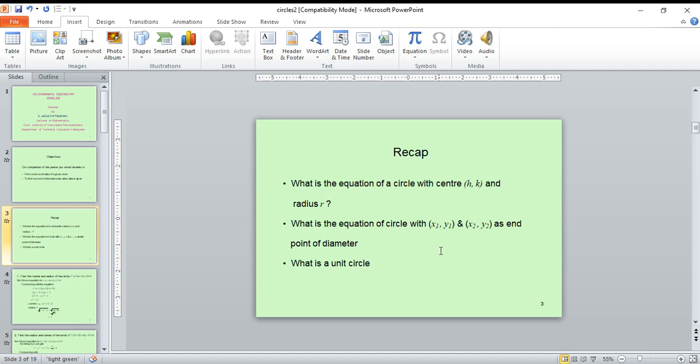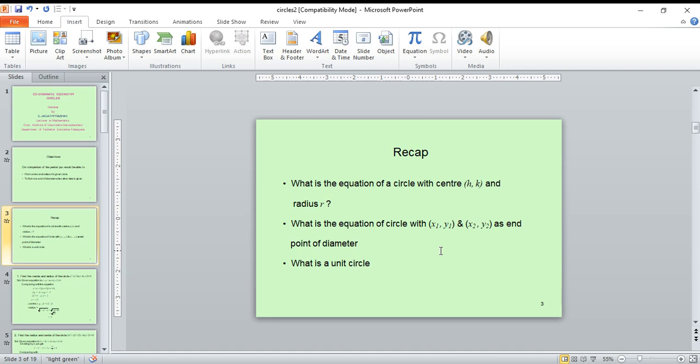The equation of the circle with (x1, y1) and (x2, y2) as end points of the diameter is (x minus x1)(x minus x2) plus (y minus y1)(y minus y2) equal to 0.